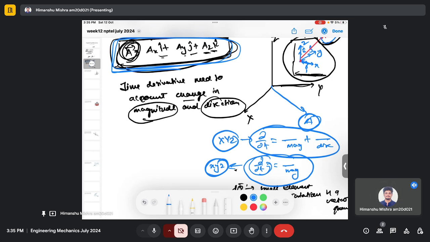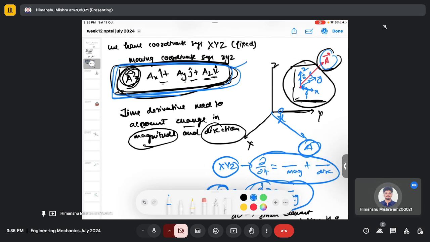recognize that. But if you are sitting in the fixed frame, only then you can see that, okay, the vector is moving, and it is moving in the same fashion as small xyz coordinate. Okay, so if you take the time derivative of this equation, which I have written in the moving frame coordinate, then its time derivative only contains change in magnitude.